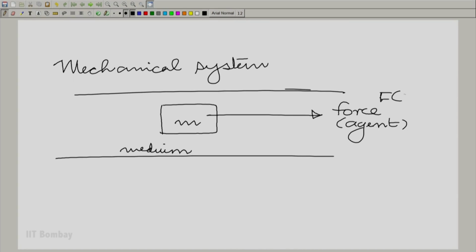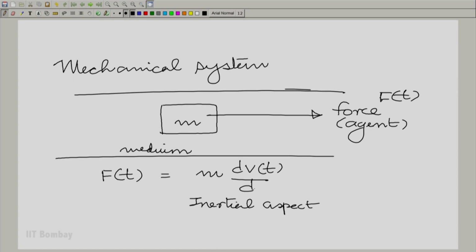The force is of course a function of time. The force needs to overcome the inertial aspect of the mass, which is described by m dv(t)/dt, where v(t) is the velocity with which the mass moves. Of course, here I am using velocity and speed somewhat interchangeably because it is all in one direction.